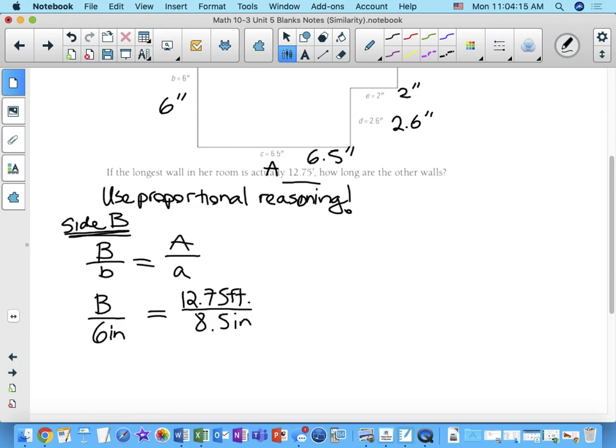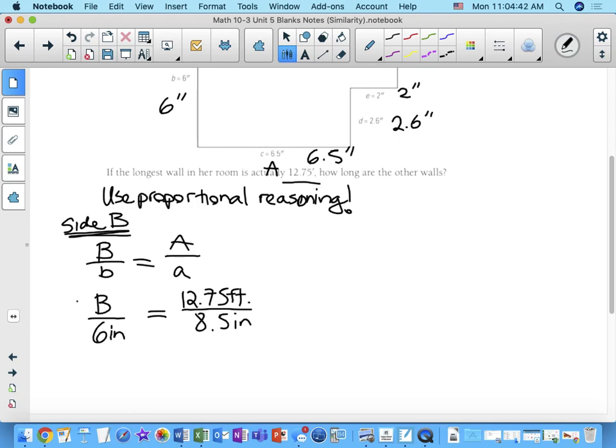Okay, how do I solve this equation? How do I isolate B? What am I dividing B by? 6. So what do I need to multiply by? 6 on both sides.